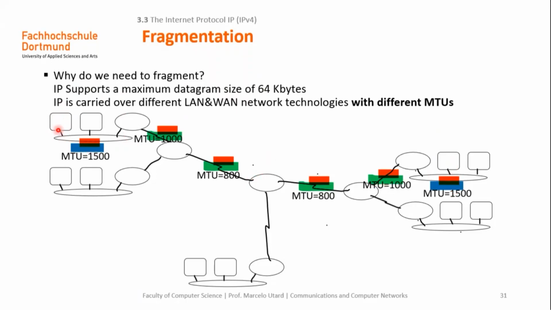But across the network, some links could have a lower MTU. Then we need to fragment the datagrams in order to transmit the datagram across those links.